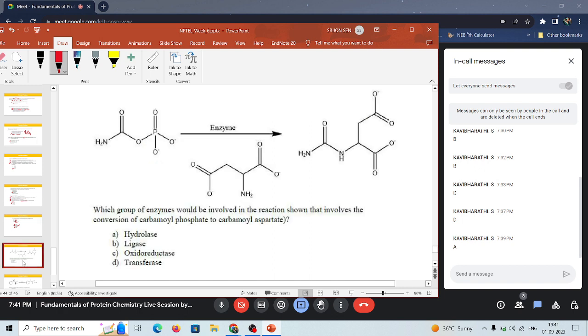Okay, the next question. So this is a reaction that is being shown over here. Which enzyme or which group of enzyme performs this reaction? Is it hydrolase, ligase, oxidoreductase, or transferase?